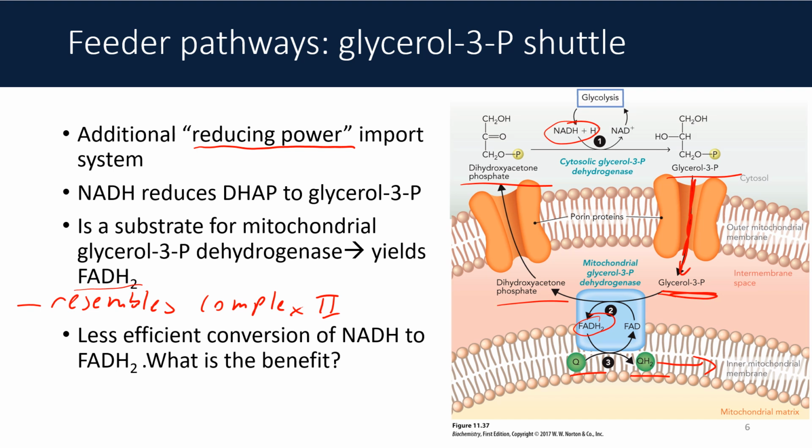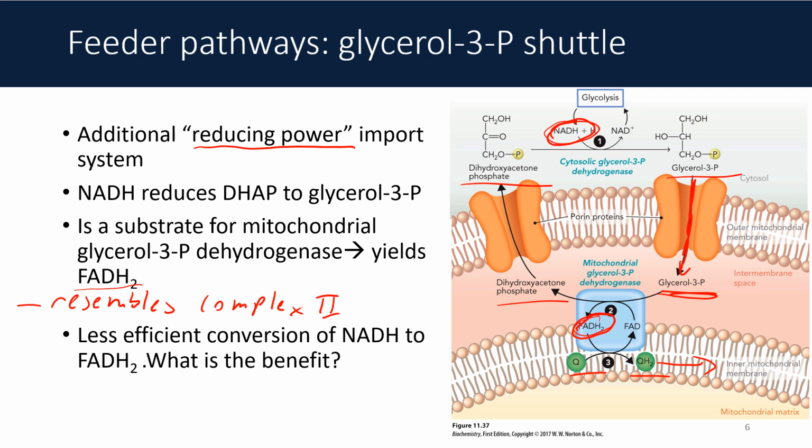cycle at complex 3. In short, what are we doing here? We have, again, an equivalent of cytosolic NADH entering the electron transfer chain, but it's entering it as an equivalent of FADH2. We're converting NADH to FADH2.